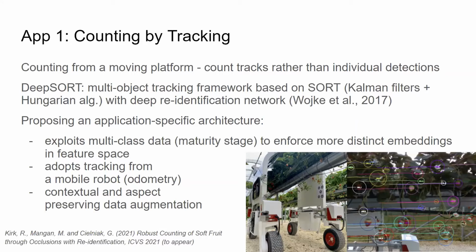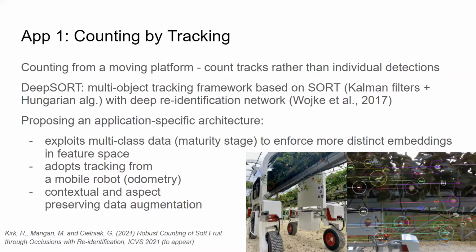So what's new in this work is that you can think of it as an example where a general model, these multi-object trackers typically being used for tracking humans, and these are quite general frameworks, is made application specific.